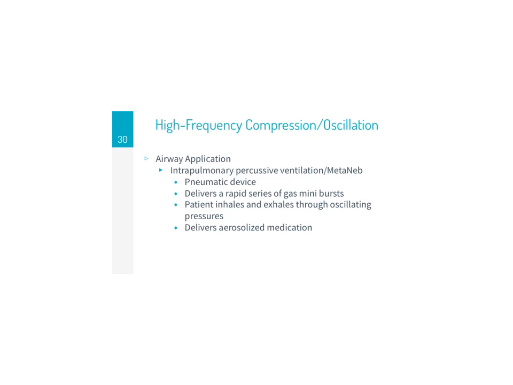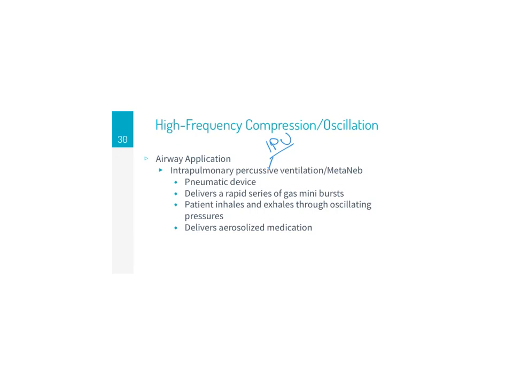Another way that we can produce high frequency compression and oscillation is through airway application via the metaneb or intrapulmonary percussive ventilation. So IPV and then metaneb. So IPV isn't used as often anymore.